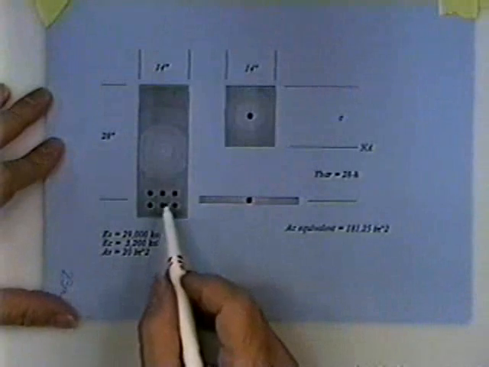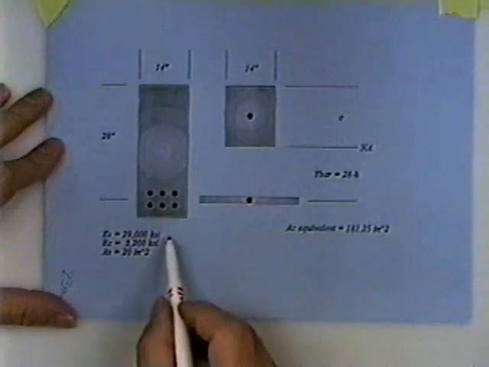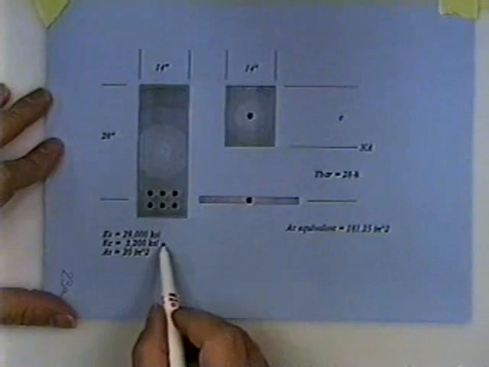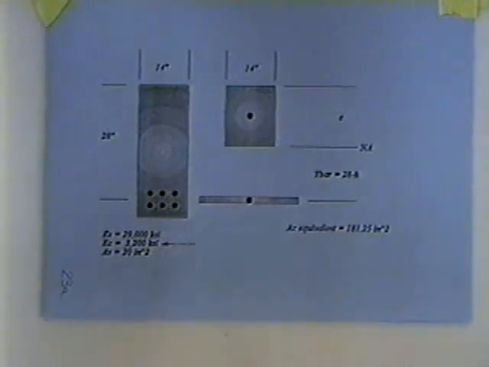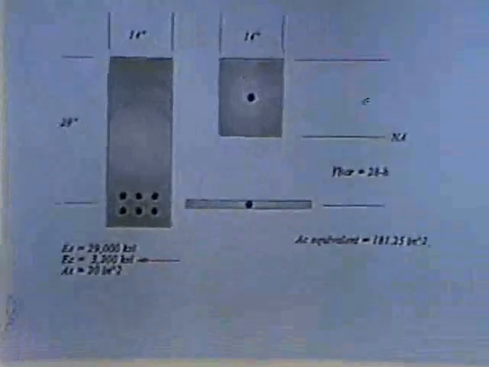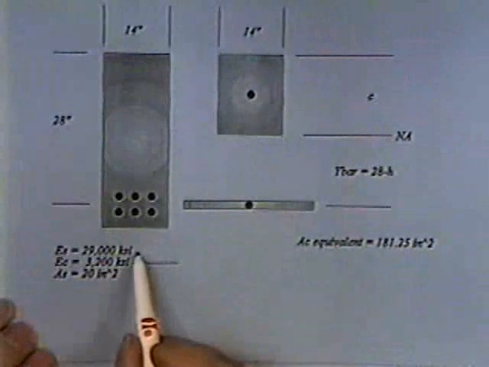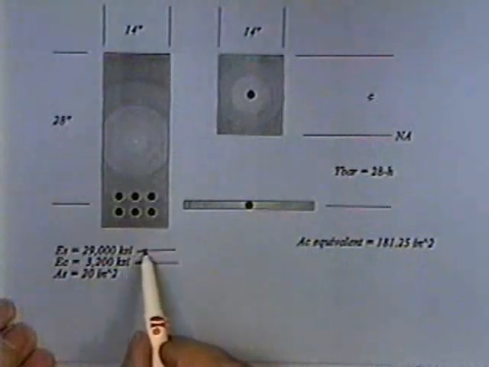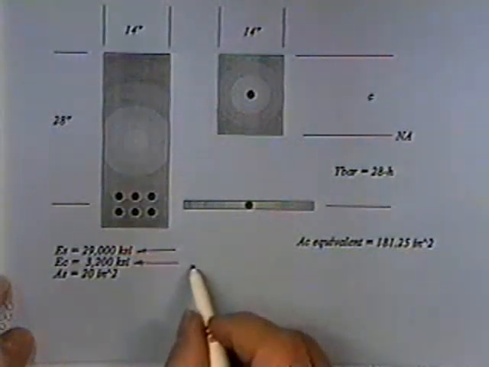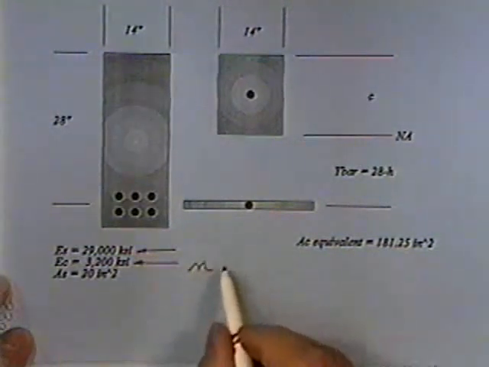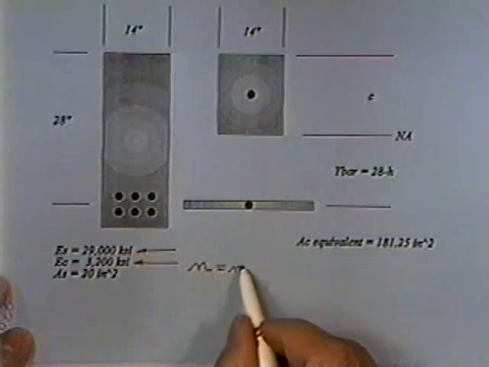Anytime you have a section that's made out of more than one material, for instance, here is the concrete modulus of elasticity, and it is not the same as the steel's modulus of elasticity. Then you have what is known as N, the modular ratio.